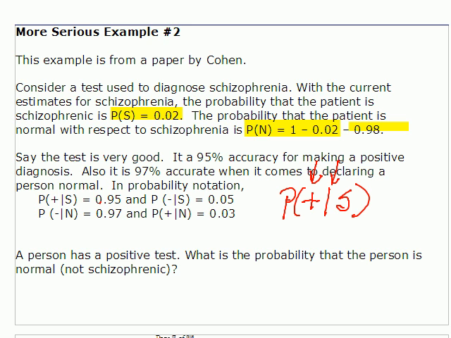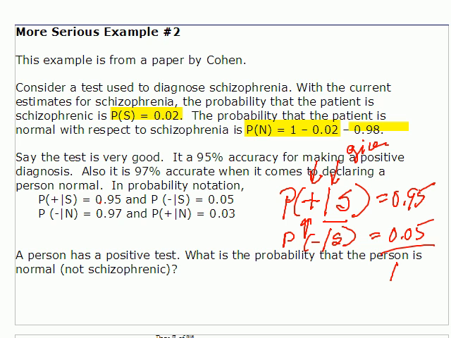Remember, the vertical line means given. Given the person is schizophrenic, the probability that the test is positive is 95%. Right? Now, again, we're going to use mutually exclusive categories, so either the test is positive or it's negative. So the probability that it's negative in a person with schizophrenia has got to be 1 minus this probability, so it's 0.05. So these add up to 1 because either the test is positive or negative.